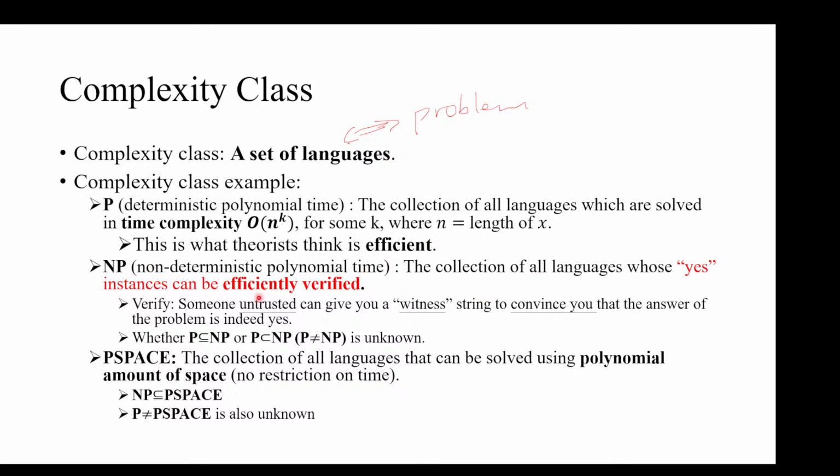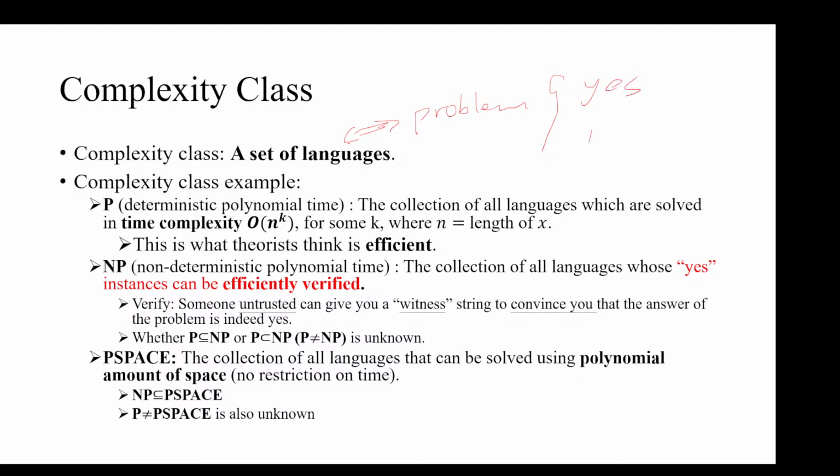But the actual meaning of NP is, so this P still means polynomial time. But NP is not problems that are solvable in polynomial time, it means problems that can be verified in polynomial time. Remember we are solving decision problems. So those problems have a yes or no answer.